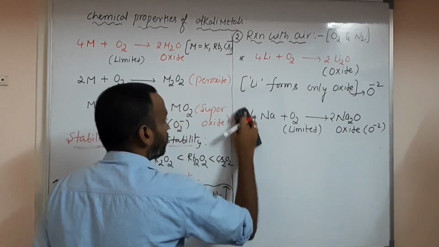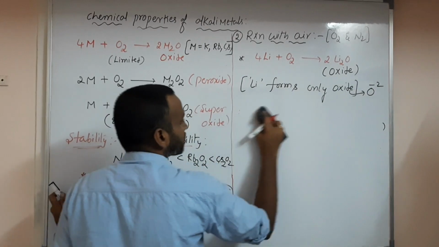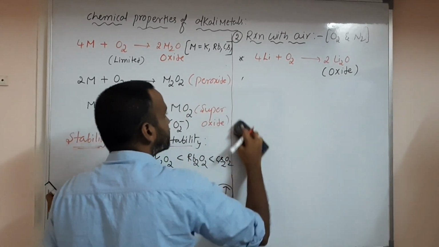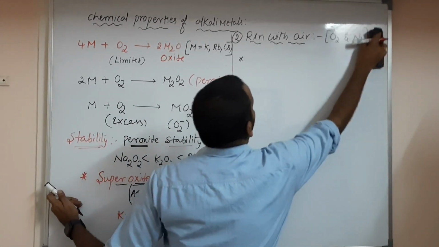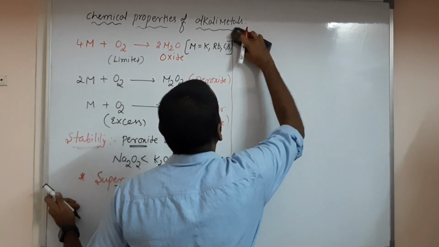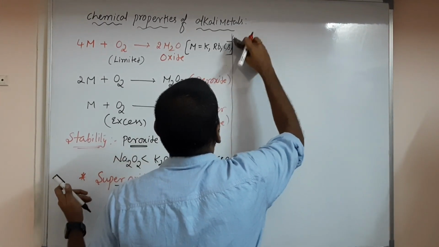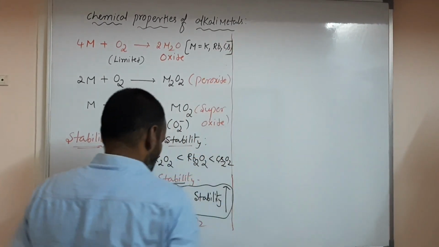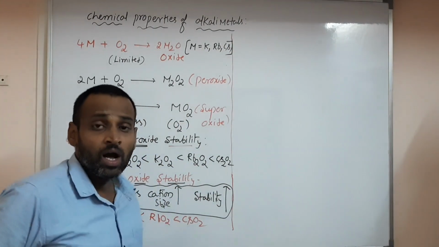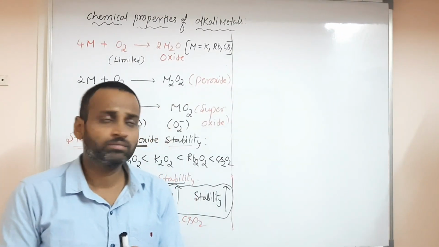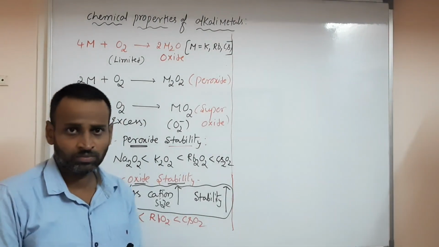One more thing: in oxides, peroxides and superoxides, we have to see the structure and the nature. Oxides are O minus 2. Peroxides are O2 minus 2.